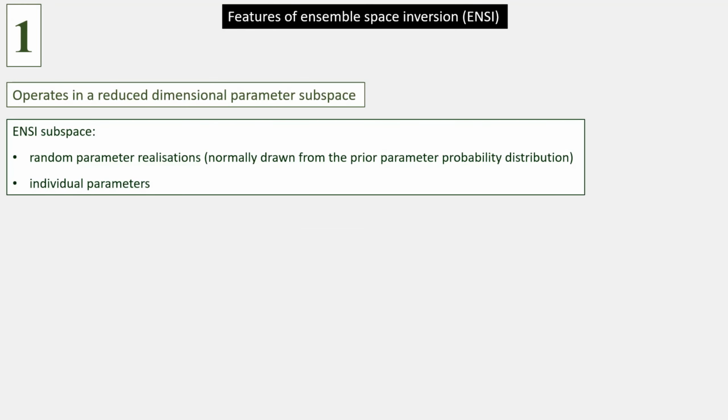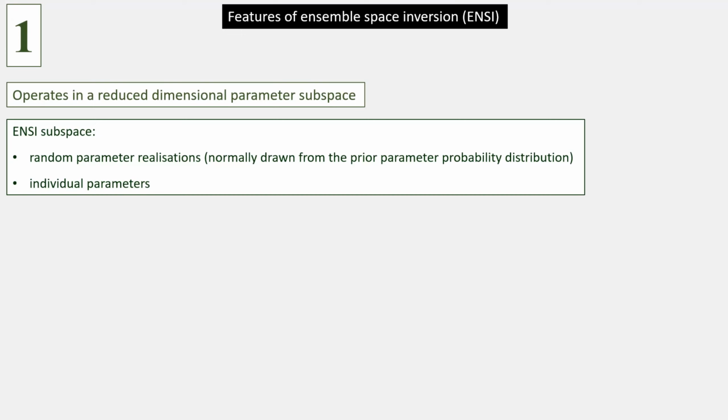Its first defining feature is that, like ensemble smoother methods, it works in a reduced dimensional parameter space. Like IES, that reduced dimensional space is comprised of realisations of parameters and more. We'll talk about that in a moment. But the bottom line is, through employing this dimensional reduction scheme, through working in a subset of parameter space, we have the same model run efficiencies as that which an ensemble smoother has.